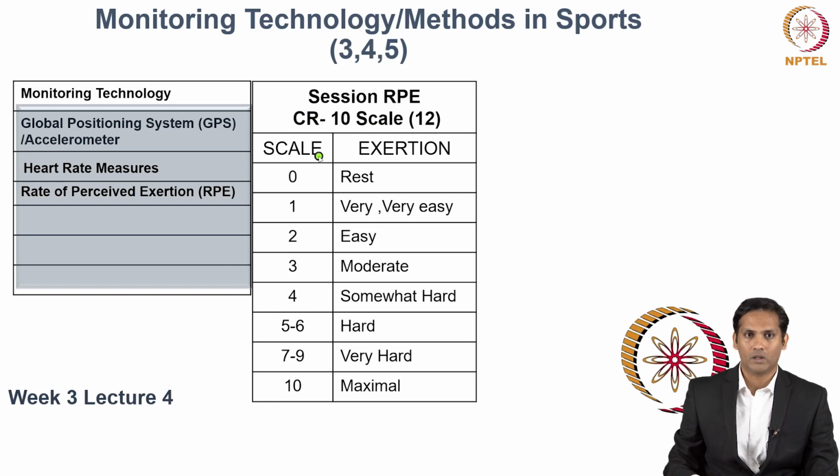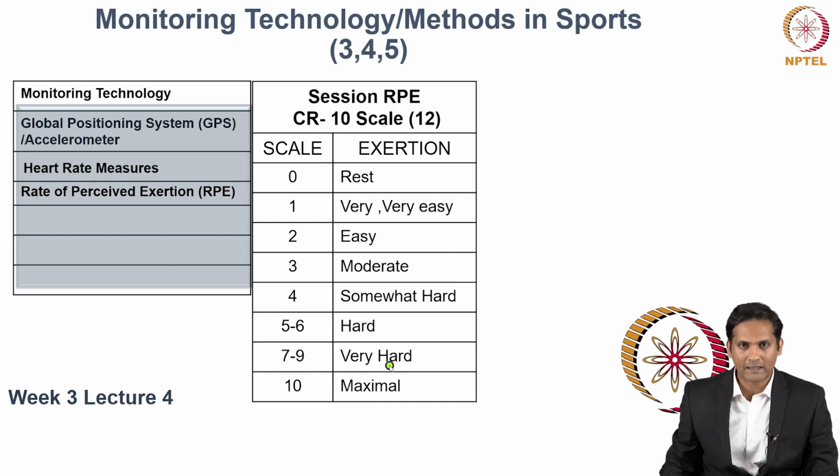So you have to use this table, ask the athlete, and if the athlete says that my RPE scale is 3, it means he has exercised at moderate intensity. So the exertion of the exercise is moderate for him.